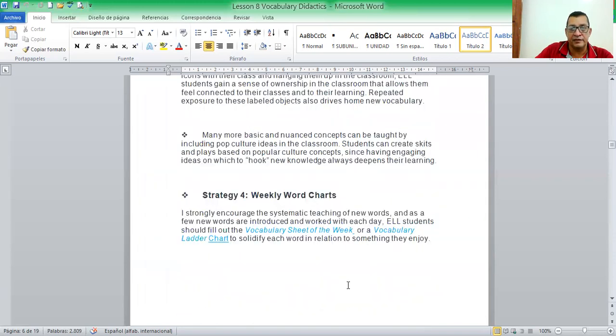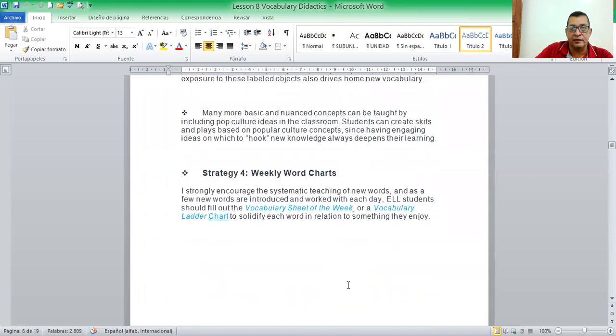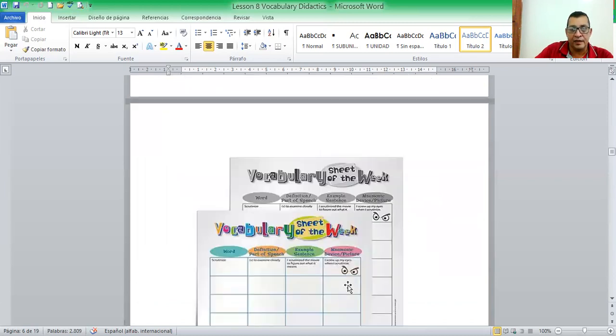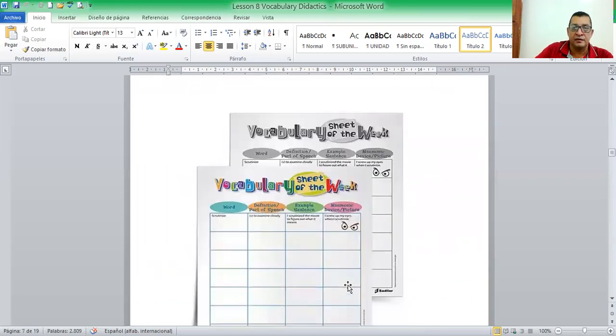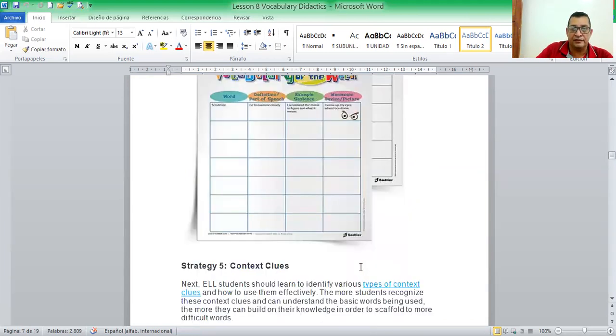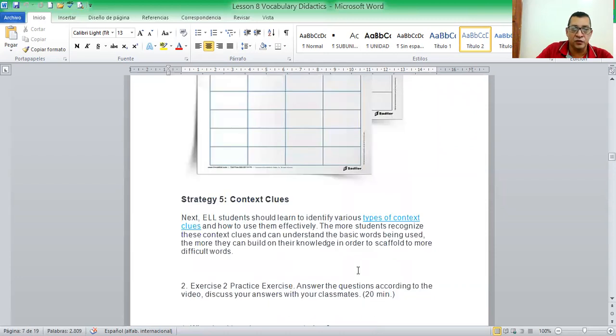Strategy 4 is weekly word charts. Here we have a vocabulary sheet of the week. It's very useful if you want to organize some activity, for example, in order to recognize different activities that you can plan in a week. Strategy 5, context clues.